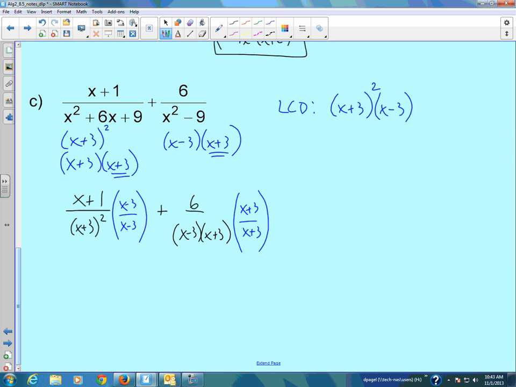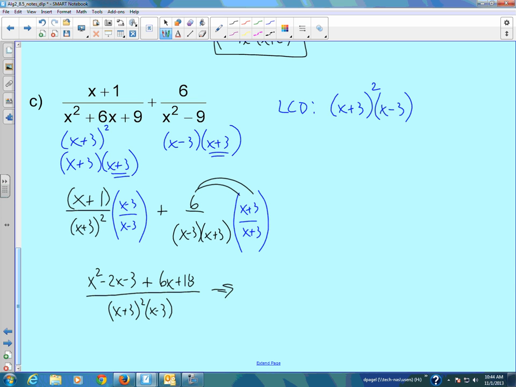And now I've got my like denominator, and I do my distribution, right? FOILing two binomials up there on the top, I get x squared minus 2x minus 3. Distributing the 6 gives me the 6x plus an 18. And all of this is over x plus 3 quantity squared times x minus 3.